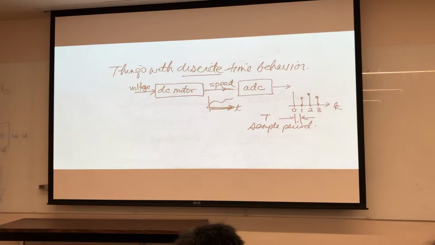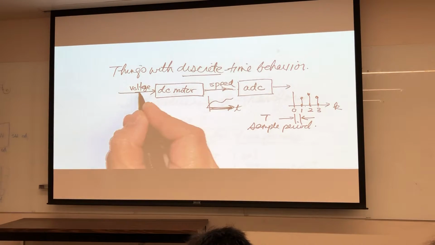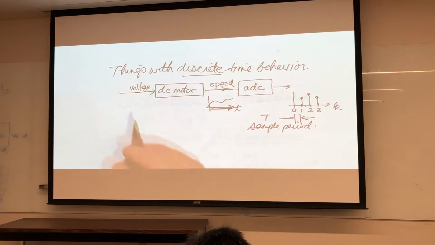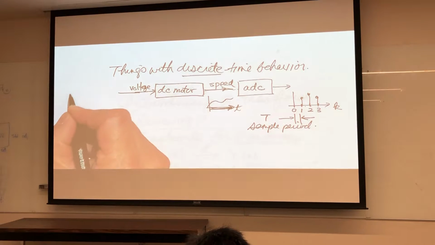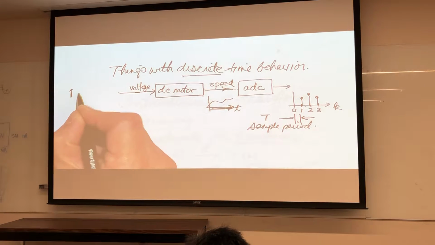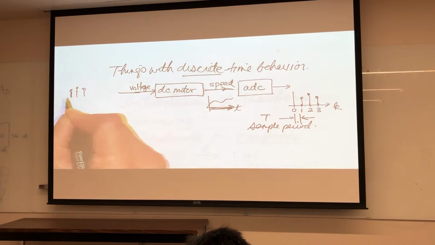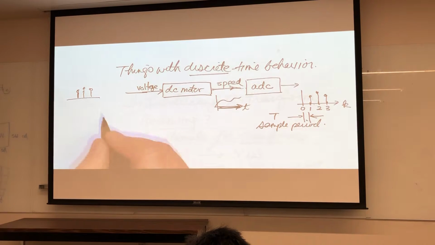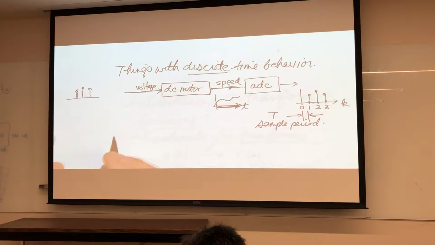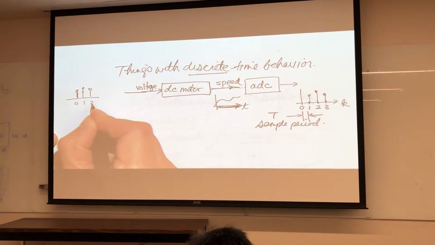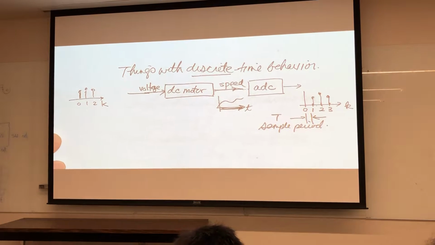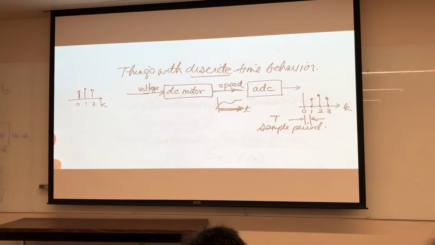On the front end, because we're going to control the motor with a microcontroller, the output of the microcontroller is inherently a sequence of numbers. Okay, you have this is an input. This is again 0, 1, 2. This is a sample instance. And so these are numbers in my computer algorithm.